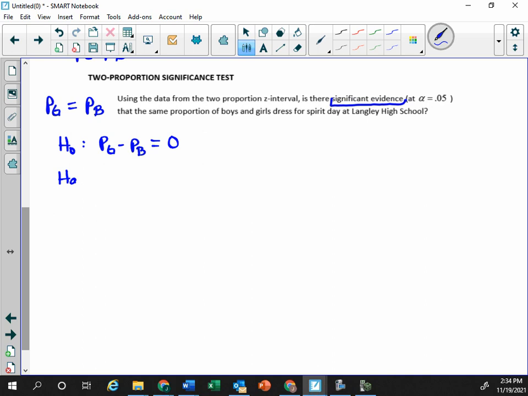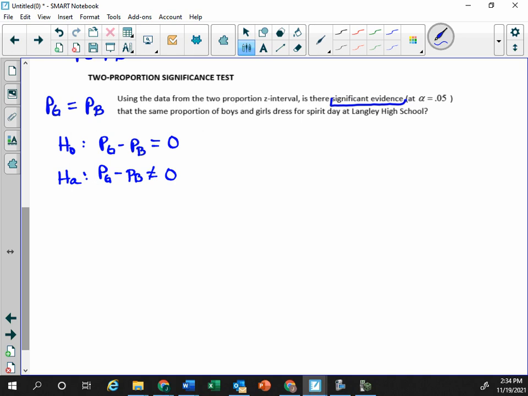What do you think the alternative is going to be? It is two-tailed. It's actually just not equal to 0 because we just want to know, are they equal? Are they not? Yes. So that is your alternative. The difference is not equal to 0.